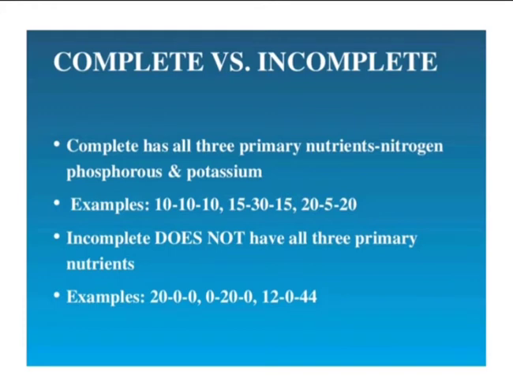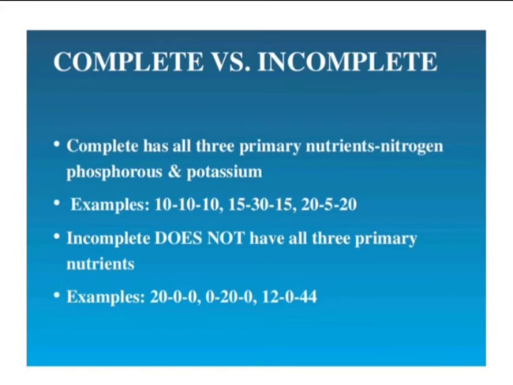Now, there are complete versus incomplete type fertilizers. And complete fertilizers means the fertilizers which provide all types of nutrients such as nitrogen, phosphorus and potassium to the plants to be healthy.